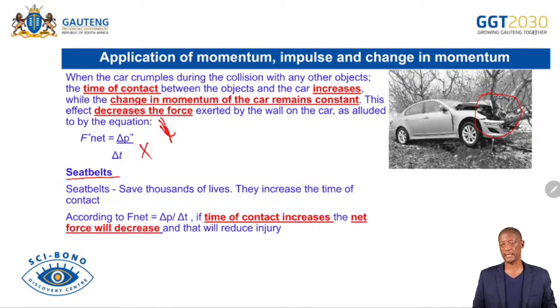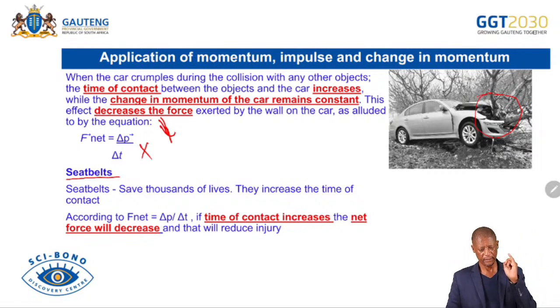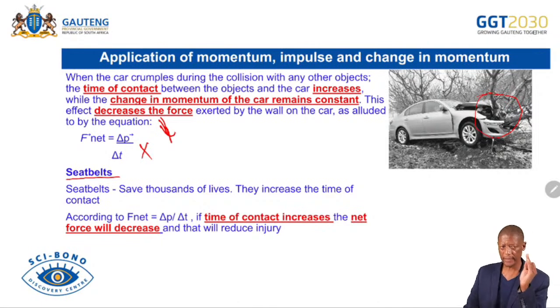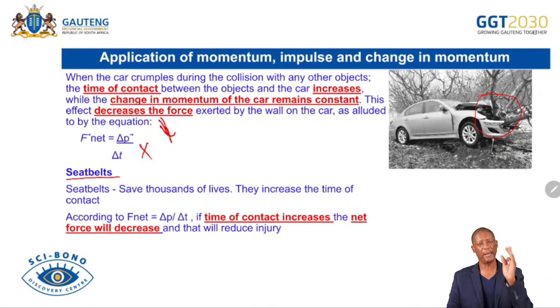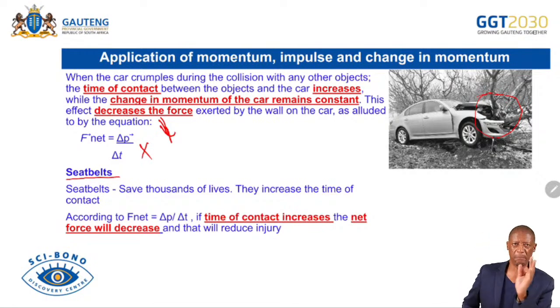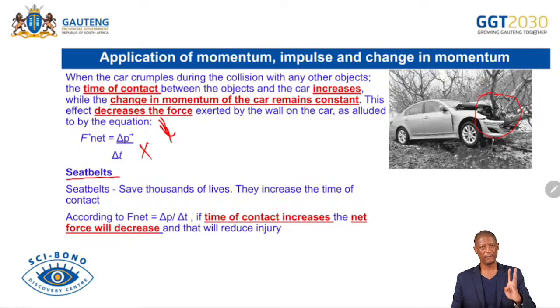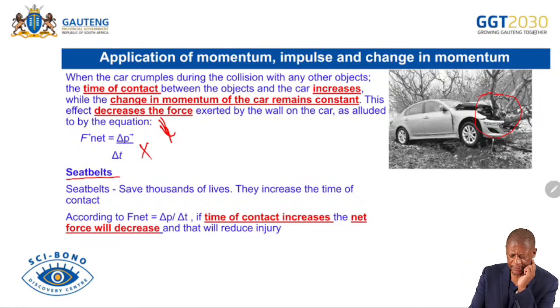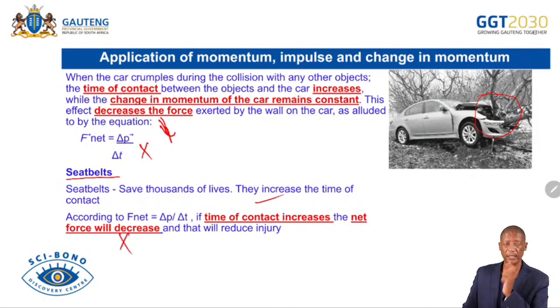Now, the same thing, whether it's the seatbelt, the crumble zone, or the airbag, the same answer applies: an increase in contact time and a decrease in what? A decrease in force.